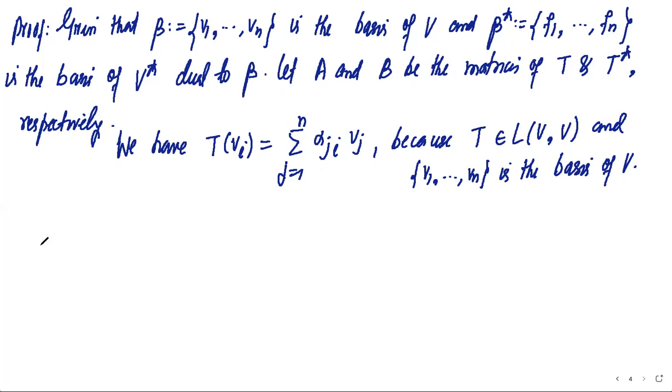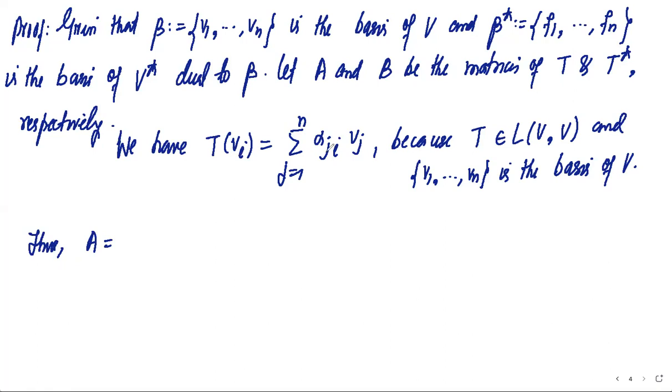Now therefore, we have completed. So what is this matrix A now? Now the first column of this matrix A is the coordinate vector of T of V1 relative to the basis beta.